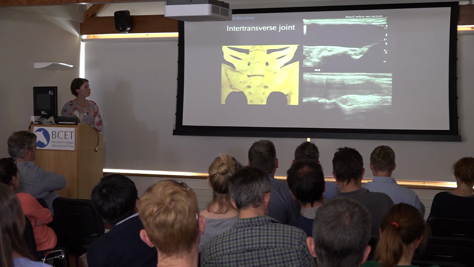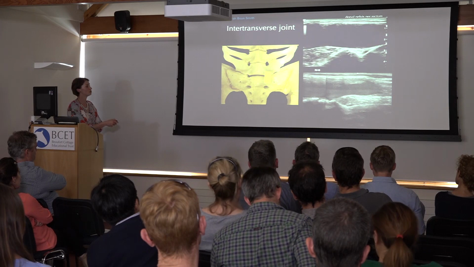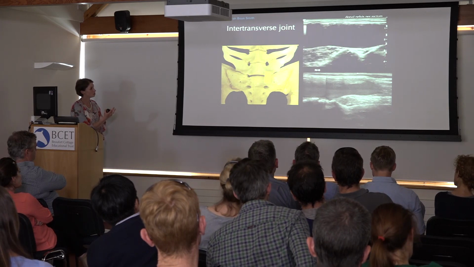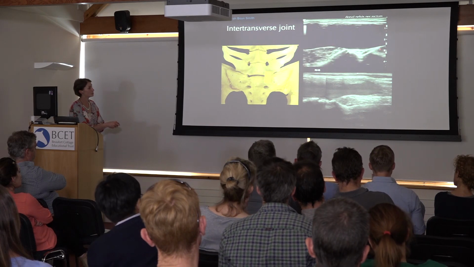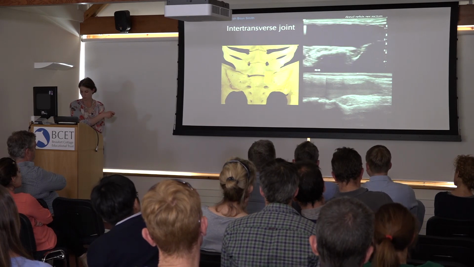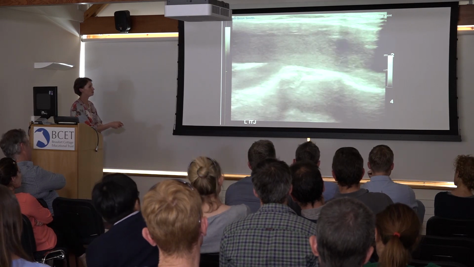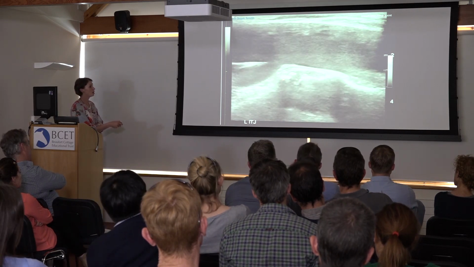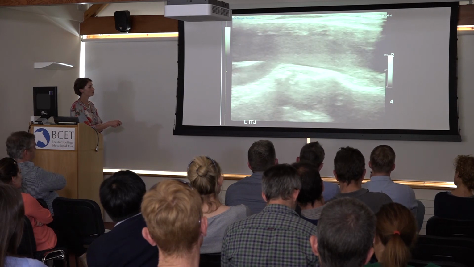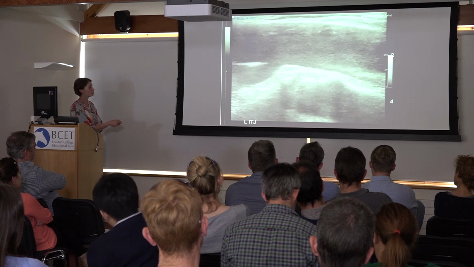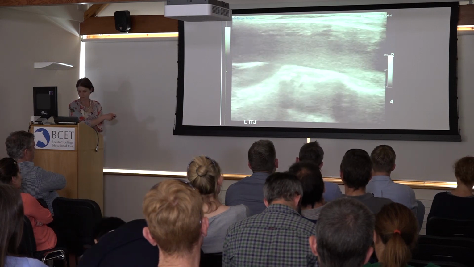The sciatic nerve root outlet, at this junction here, should have a nice linear pattern to it when you're in the right orientation, and the bony bowl that it sits in should again be nice and smooth. And for significant abnormalities, we can see significant irregularity of the intertransverse joint, so that's our intertransverse joint here. We can see significant bony irregularity, with associated soft tissue swelling around that joint as well.